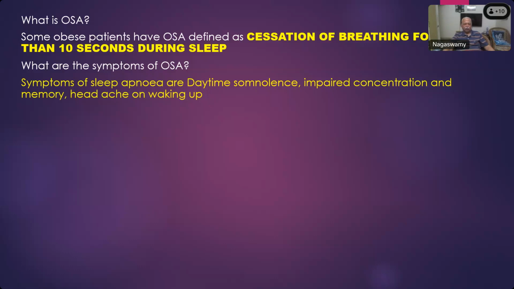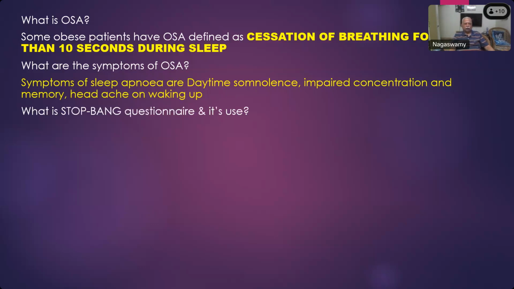But a patient with OSA and classical daytime somnolence is called OSA syndrome. So if the patient is sleeping all the time during the day, and along with that he has this obstruction during night, this combination is called the OSA syndrome. Obstructive sleep apnea with a very prominent daytime somnolence is called OSA syndrome.